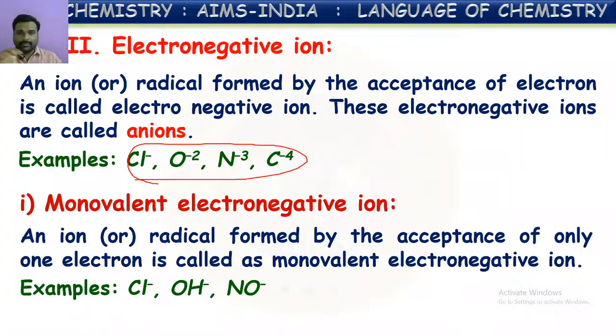These all come under the ions which are formed by the gaining of only one electron. So they are called monovalent electronegative ions. And you can identify here, this is the ion which is formed by a single atom, a monoatomic ion. And if you observe this hydroxide ion and this NO3 minus ion, these are formed by more than one atom. So these can be called as radicals also, negative radicals. And all these are commonly called as ions and electronegative ions.